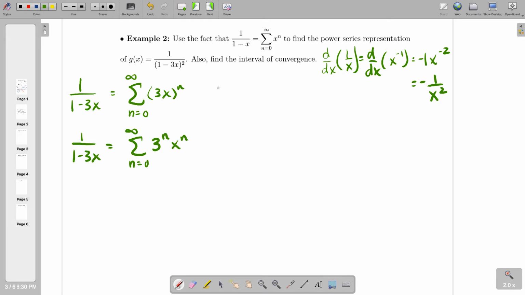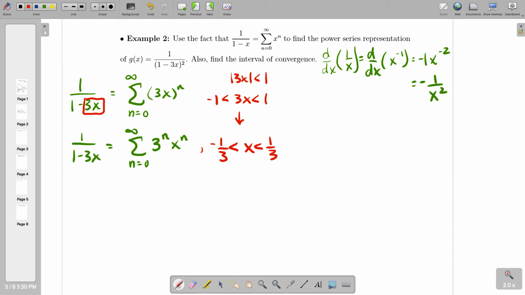Of course what we need is for the absolute value of 3x to be less than 1, which means 3x is between negative 1 and 1, which tells us that x has to be between negative 1/3 and 1/3 in order for this equality to hold. That's our interval of convergence.